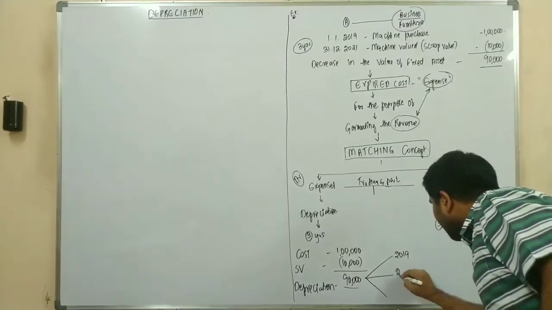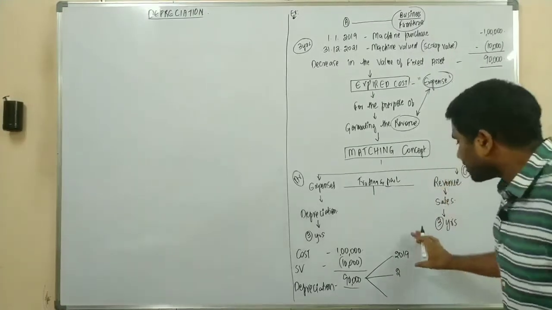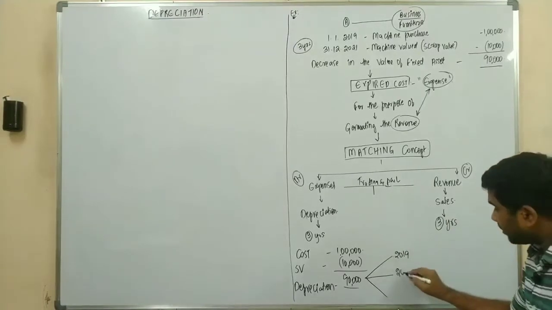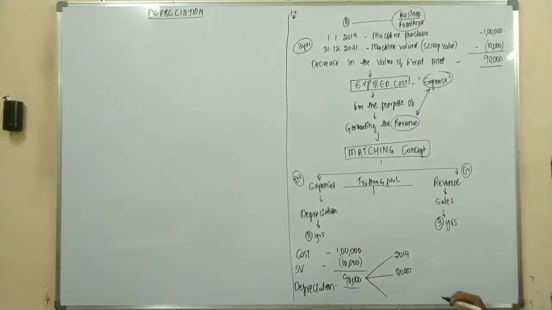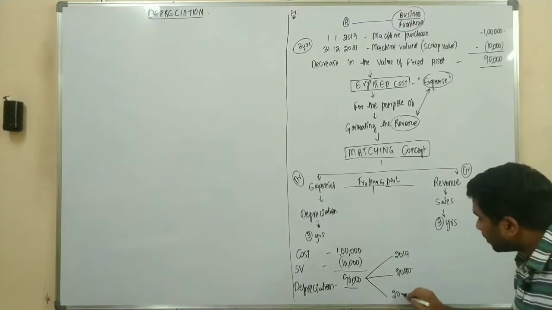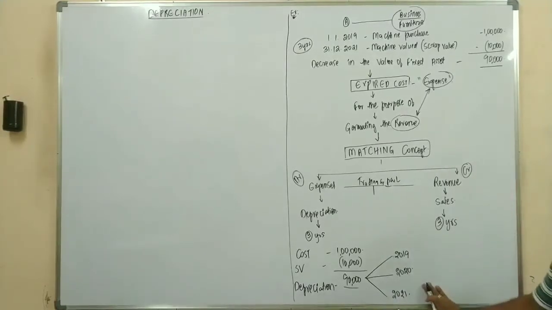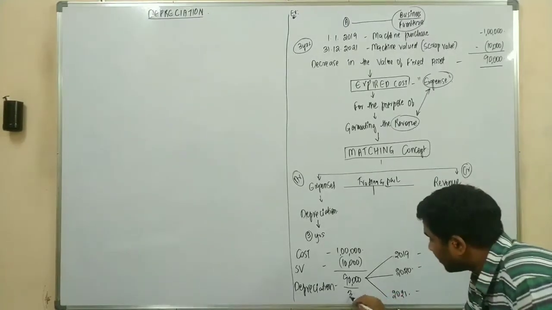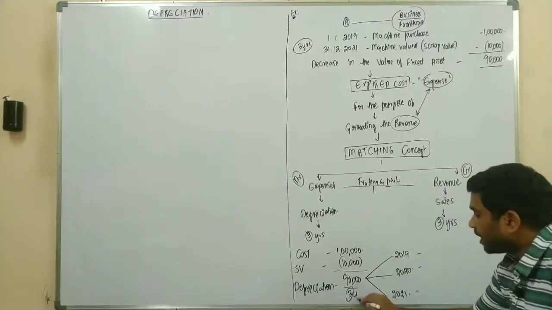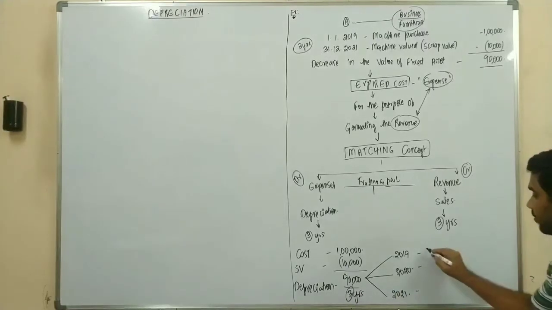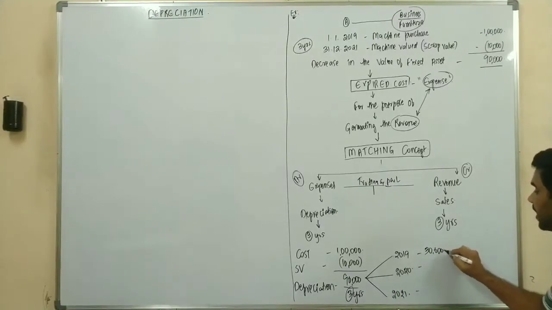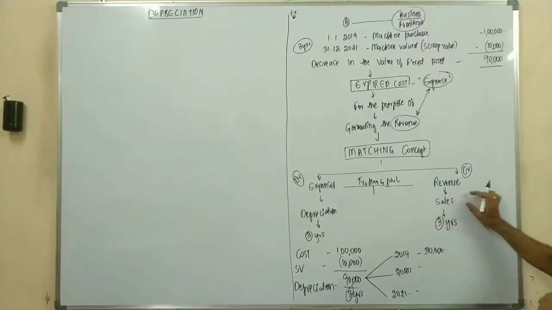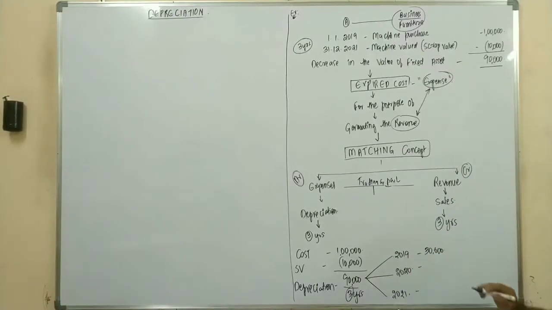That means in this 90,000 there is a portion of expense for 2019, a portion for 2020, and a portion for 2021. If we divide this 90,000 by 3 years, then your expense for the year 2019, for generating the revenue in that year, would be 30,000.